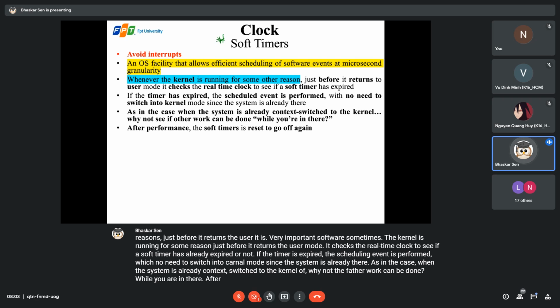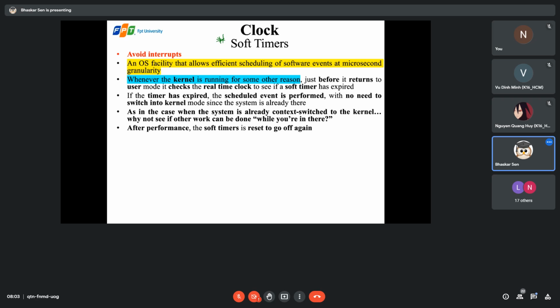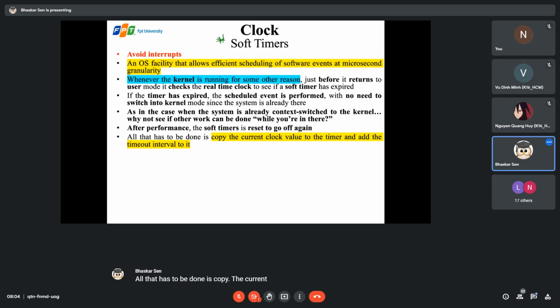After performance, the soft timer is reset to go off again. All that has to be done is copy the current clock value to the timer and add the timeout interval to it.